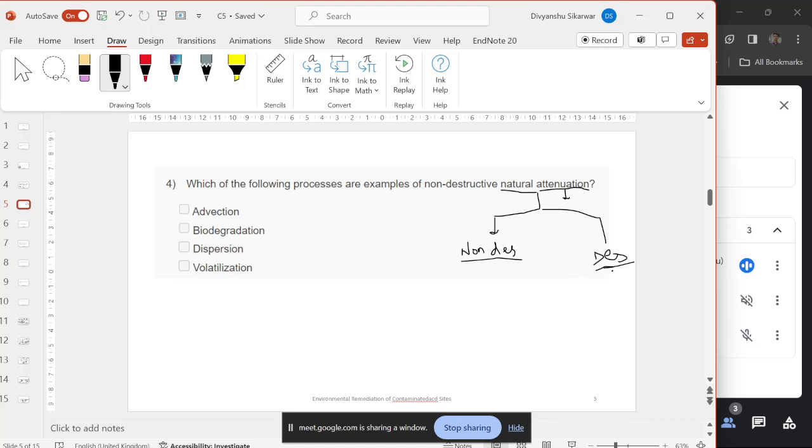In case of destructive, we discussed two methods, for example microbial bioaugmentation. We bring certain microorganisms which can degrade that particular compound, by aerobic or anaerobic degradation, whatever type of surrounding we are providing.